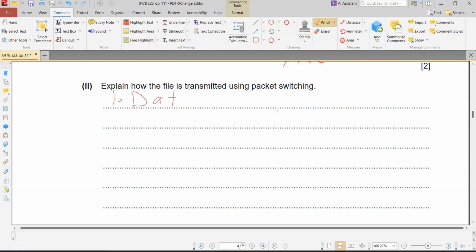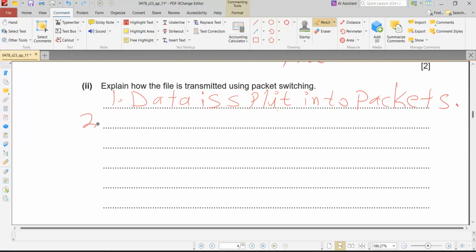The data is split into packets. So this is the first step.